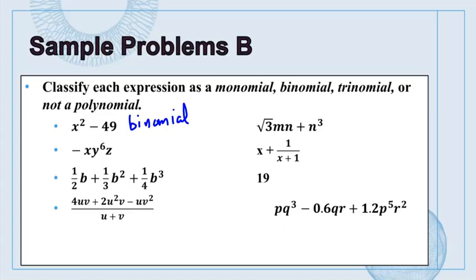Next, the square root of 3 times mn plus n cubed. This would be a binomial. Next, negative xy to the 6th z. That's just one term, so that's a monomial. x plus 1 over x plus 1. This is not a polynomial because I'm dividing one of the terms by a variable, so it can't be a polynomial.